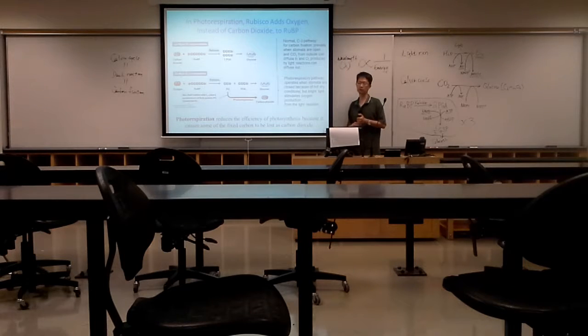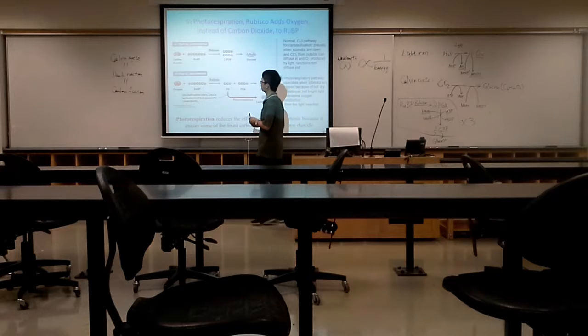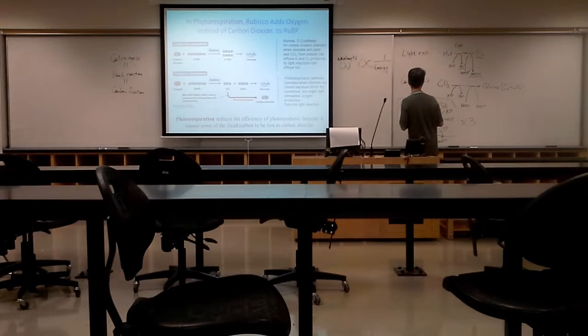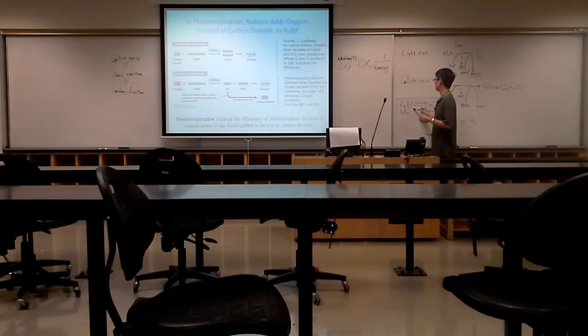So what is photorespiration? Remember, normally we have carbon dioxide. Carbon dioxide binds with RuBP, and then Rubisco combines these two to make 2-PGA.